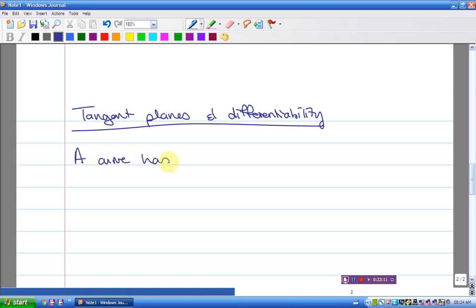A curve has tangent lines. A surface has tangent planes. I suppose the surface also has tangent lines. If you're standing on, or if you're looking at one spot on a surface, there are infinitely many tangent lines with slopes that match those infinitely many direction-dependent slopes.